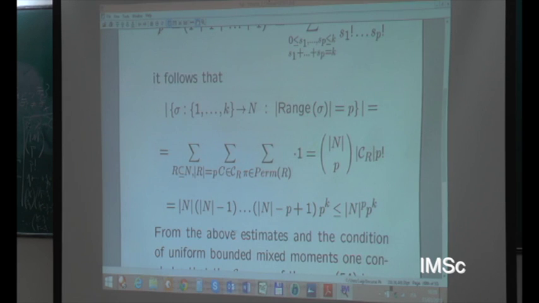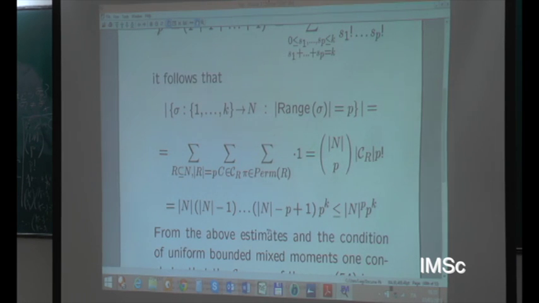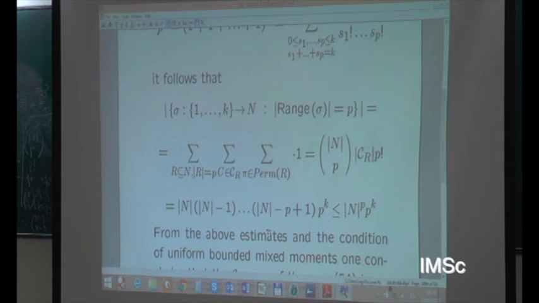And it's very well known that this product is less than n to the power p, because you have a product from 0 to p minus 1 of p things which are of order n minus 1 over n, or k over n, with k bounded by p.